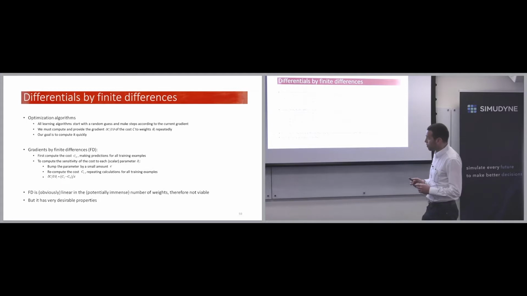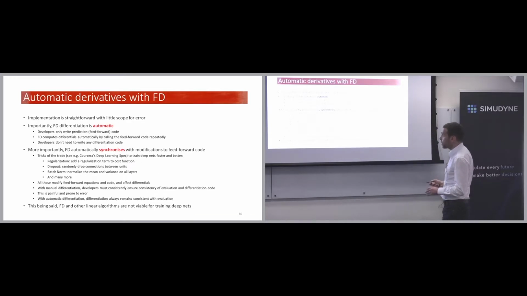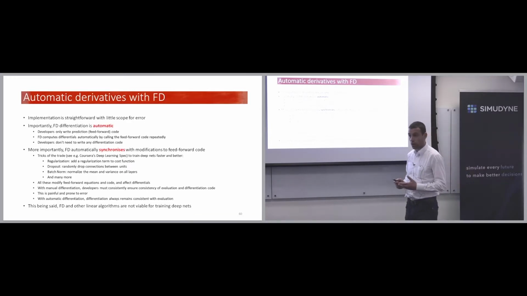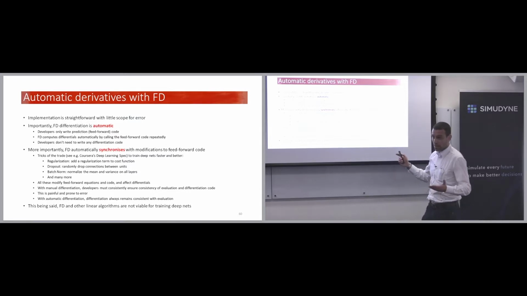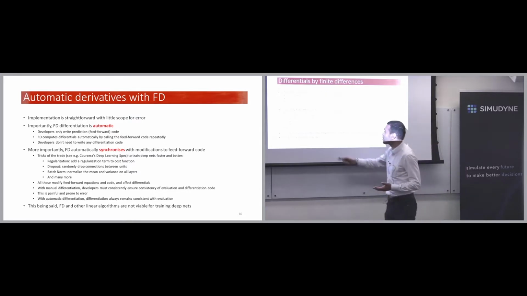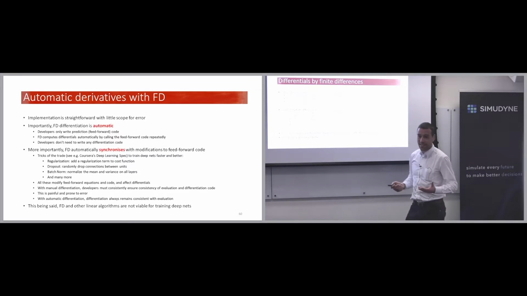Okay. But it has a very desirable property. There's something very desirable about this finite difference thing, is that the implementation is straightforward and there's very little scope for error, right? I mean, this algorithm can be implemented in 5 minutes, and it's really, really hard to screw it up.